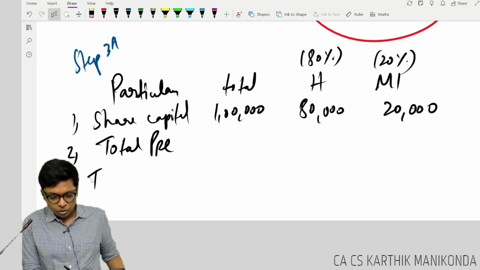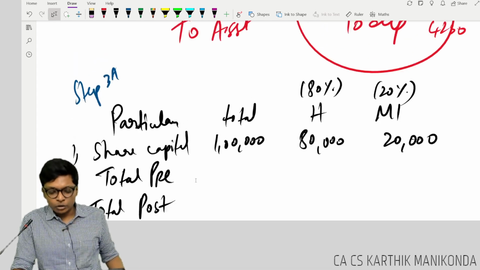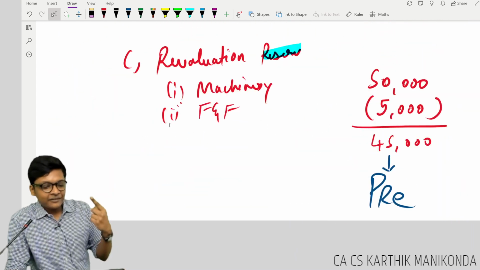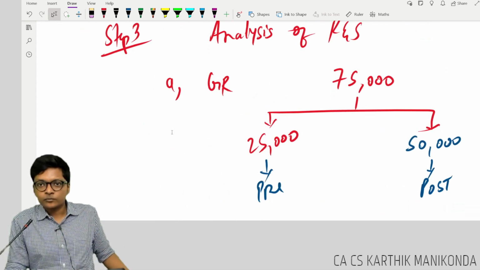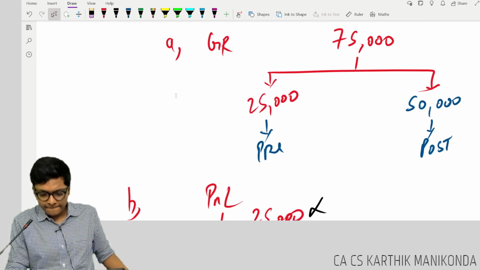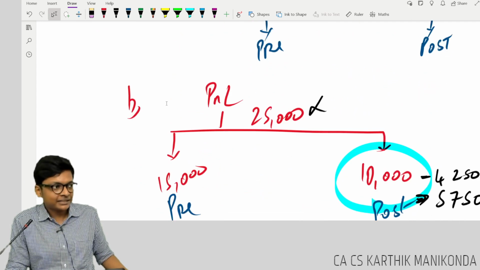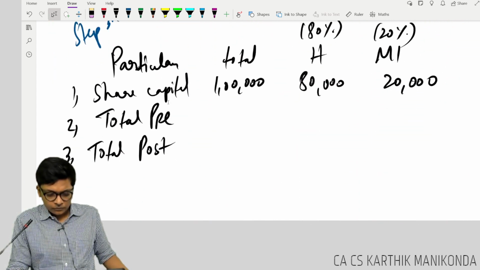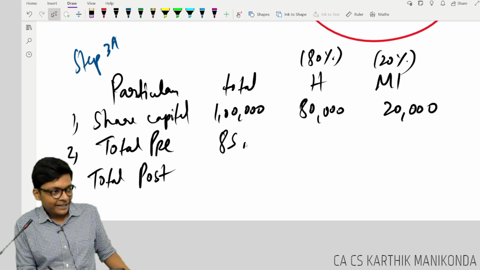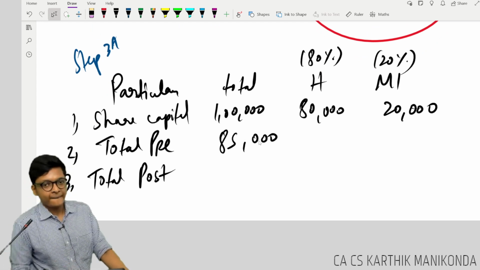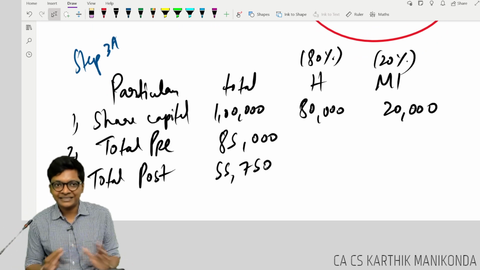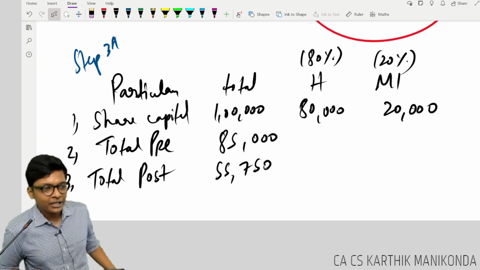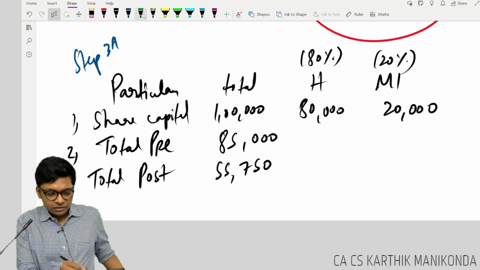Next, total pre, total post. Total from the above 3 working notes guys, 3 charts. Add the revaluation, add the P&L, add the reserves and surplus. How much guys? Total pre is 85,000. Total post 55,750. Are you following guys? Can you split now for holding and subsidiaries?